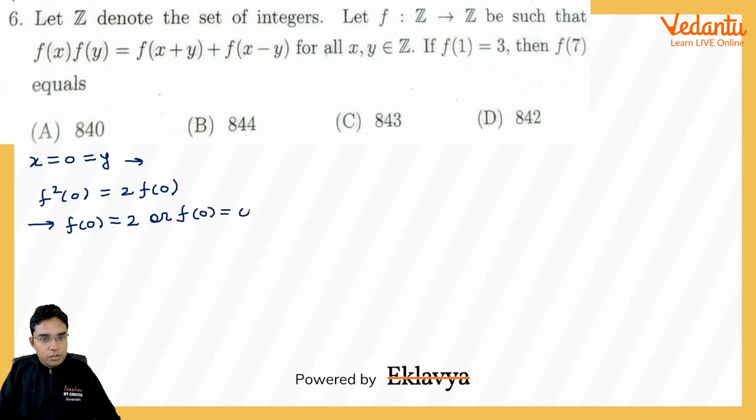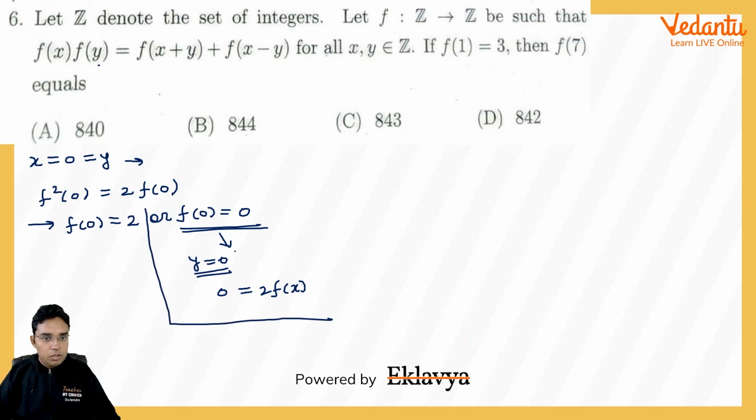Now if f(0) becomes 0, then from this given definition, putting y equal to 0, you can see what we will get. We will get 0 on the left hand side and we will get 2 times f(x) on the right hand side if f(0) is 0.